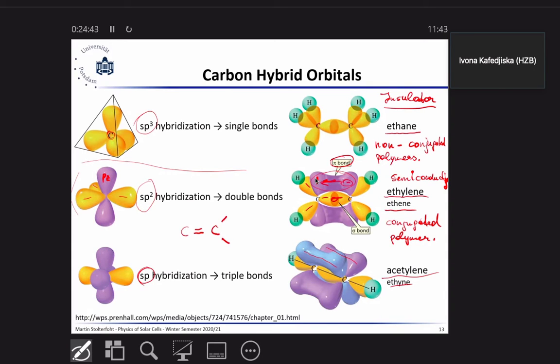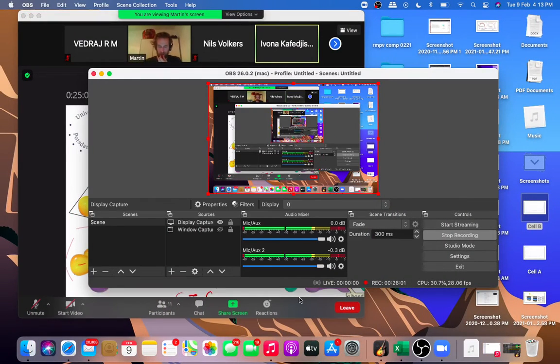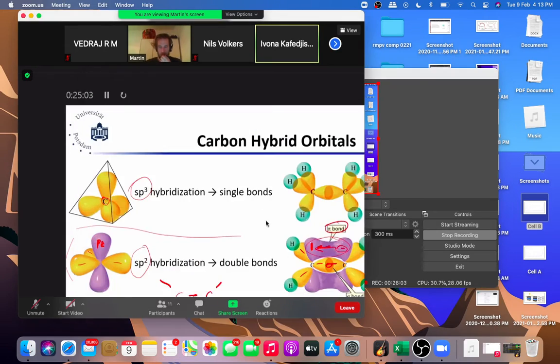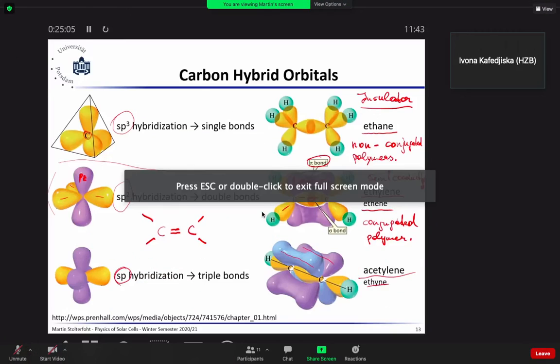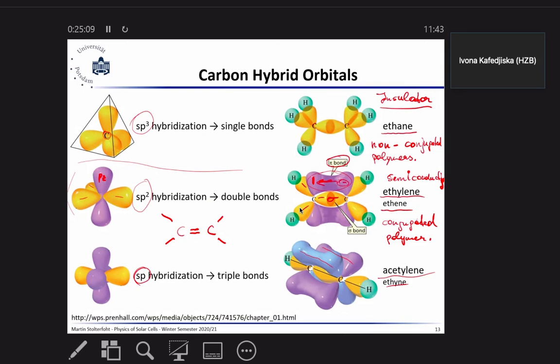Yeah, exactly. But that's a double bond, the double bond that you drew. That should be the orange region on the figure on the right, where you have marked a sigma bond, which is a single bond. So somehow the double bond is a combination of the sigma and the pi bond, but the pi bond is popping up, and between the carbons it seems like there is no double bond.